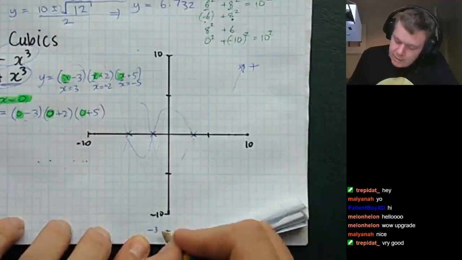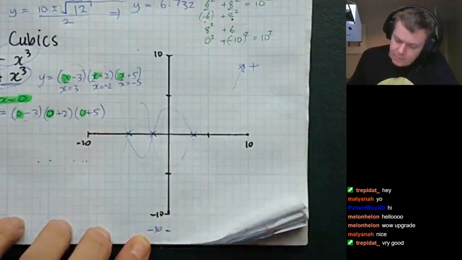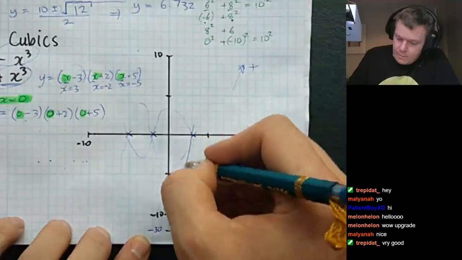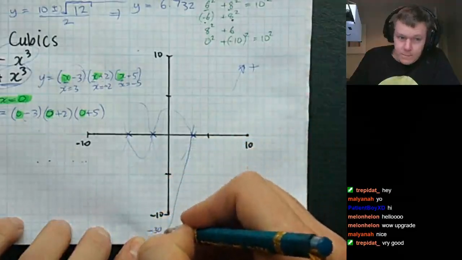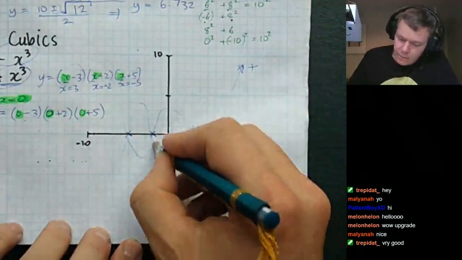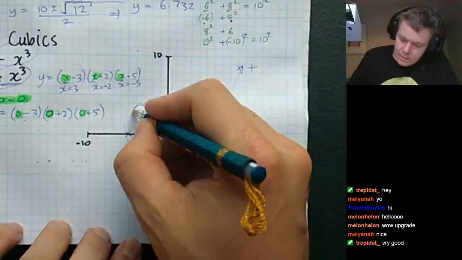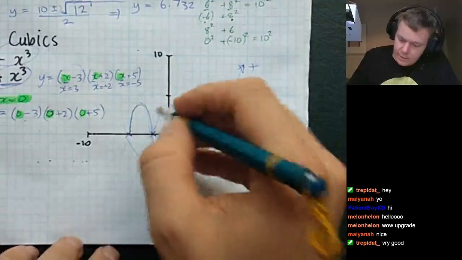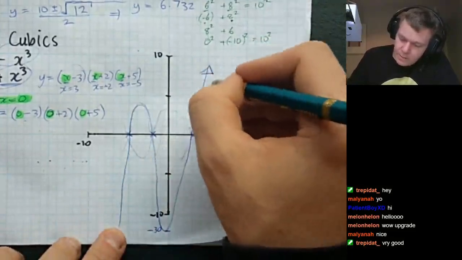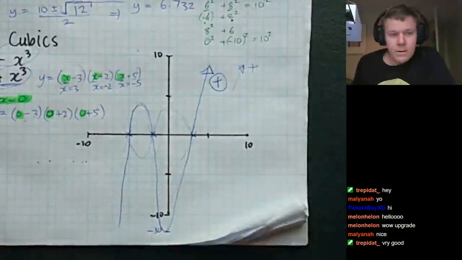At negative 30, that's where the graph would cross and come back and go down. So it finishes positive. This is a positive finish.